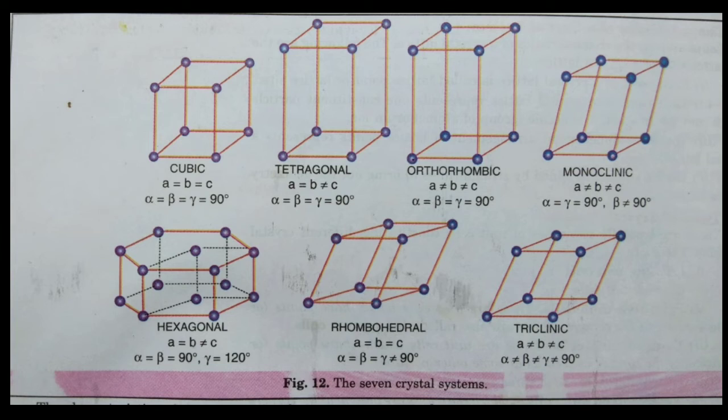The fifth one, that is hexagonal. It has 2 edges of equal length, that is a equals b, and 2 angles of 90 degrees and one angle of 120 degrees. That is, a equals b is not equal to c, two angles of 90 degrees and one angle of 120 degrees.